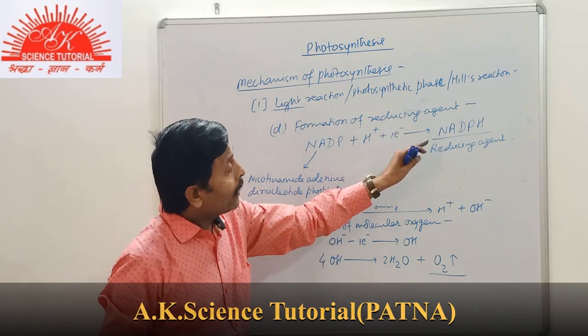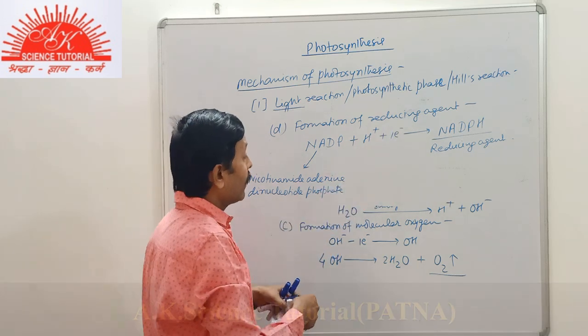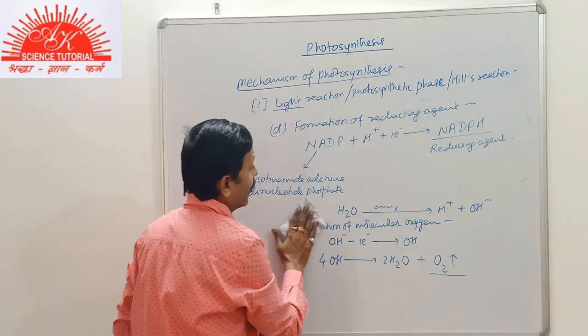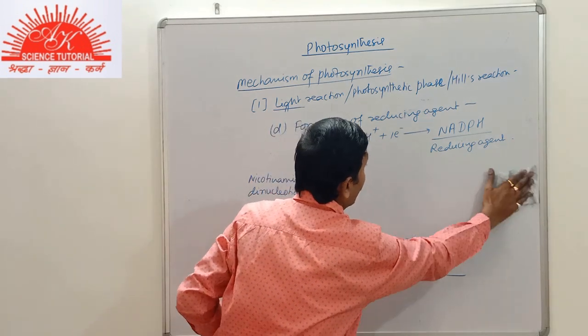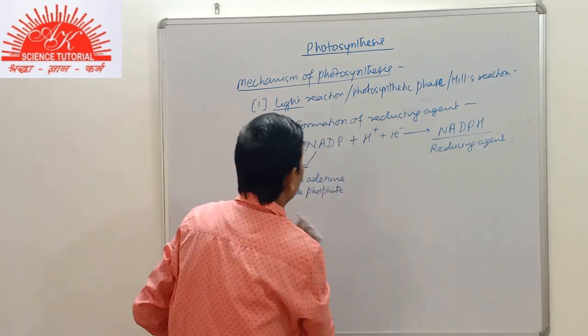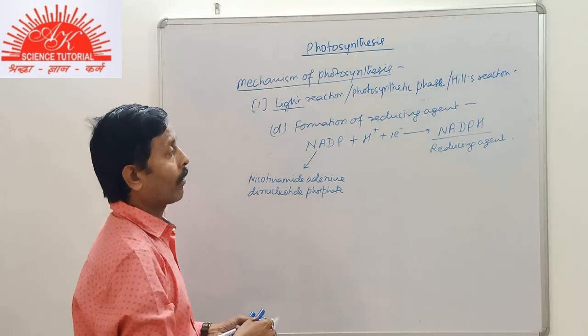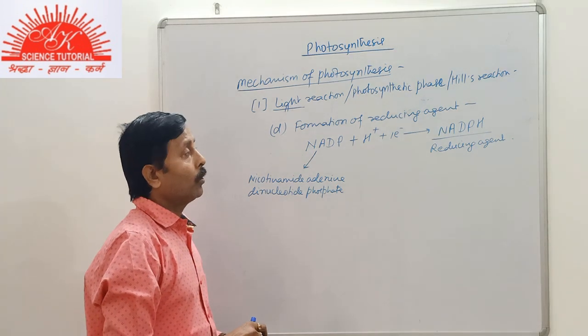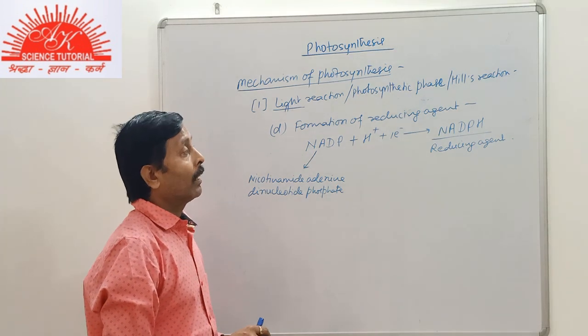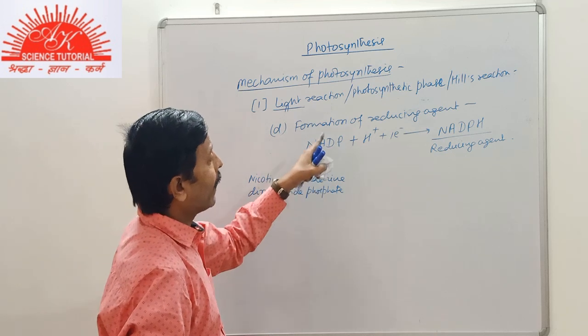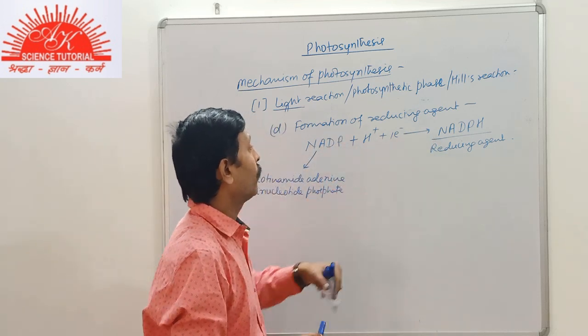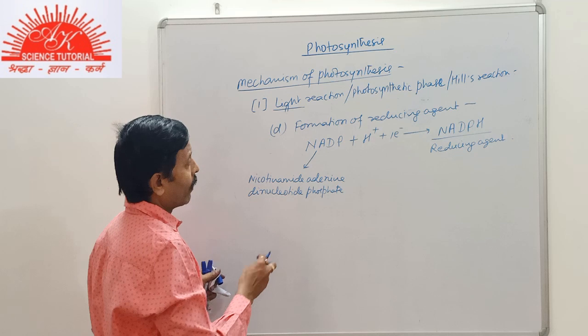It will pass into the stroma where reduction of carbon dioxide will take place and finally, ultimately, glucose will be produced. So in glucose, hydrogen comes from water molecule carried by NADPH where reduction takes place.